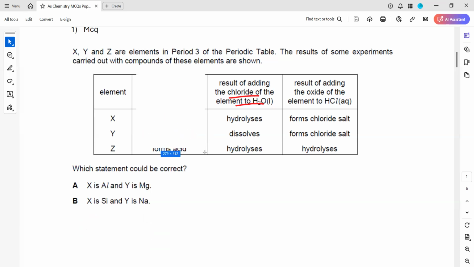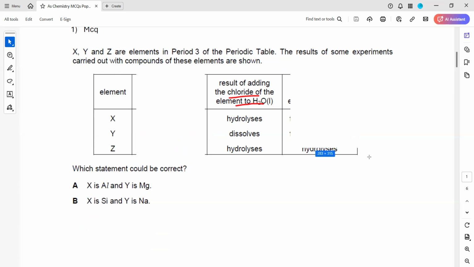And now, results of adding a chloride to water. Again, you have to learn this. The table is given. I have already shared the table with you. If you add sodium chloride to water, it will only dissolve. There's a difference between dissolving and hydrolysis.